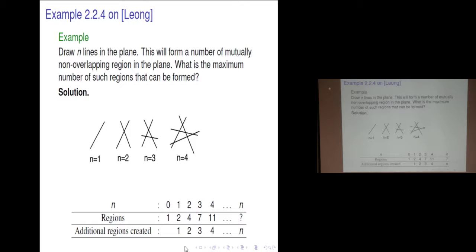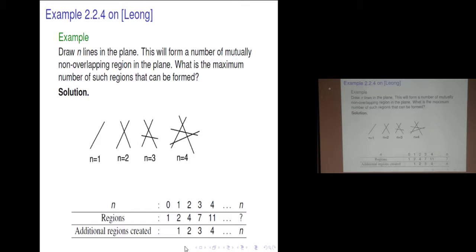Okay, so when n equals 0, you didn't draw any line, so there's one region. The whole plane is one region. Now, suppose you draw one line. You will cut the region into 2 parts. So you add one more region, right? So the additional region created is 1. Okay, so the number is 2, right?